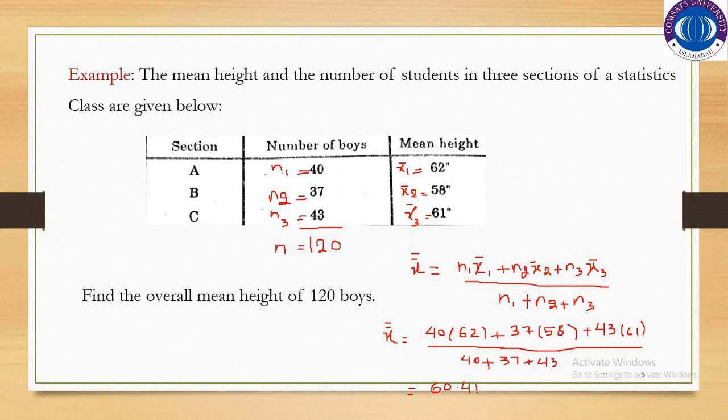This would be equal to 60.41, which is the overall mean height of 120 boys.